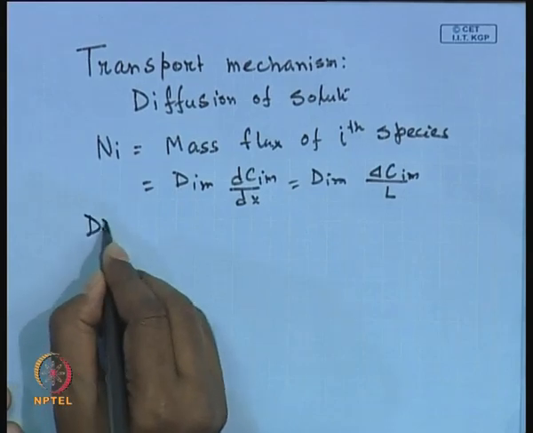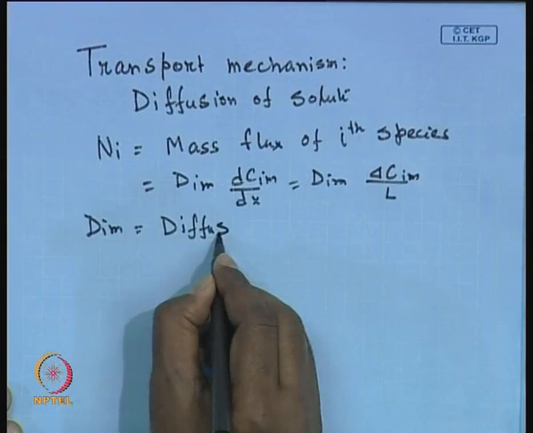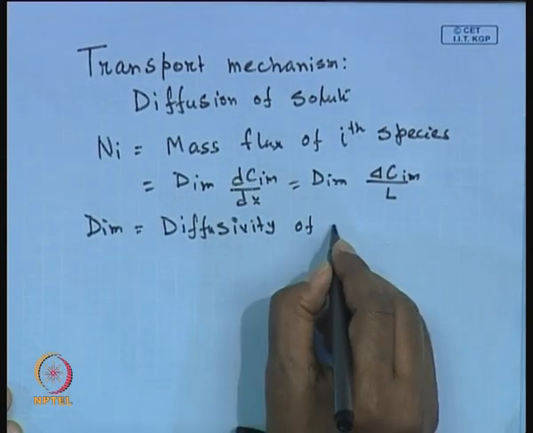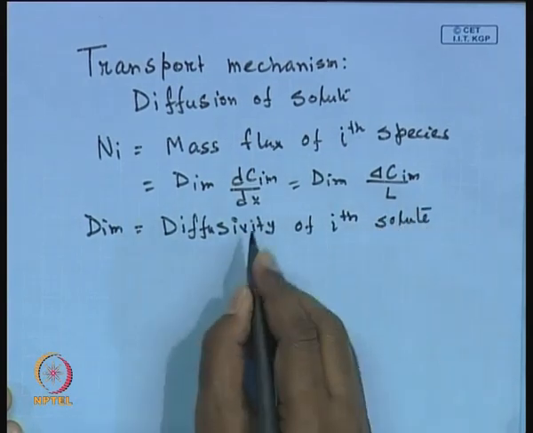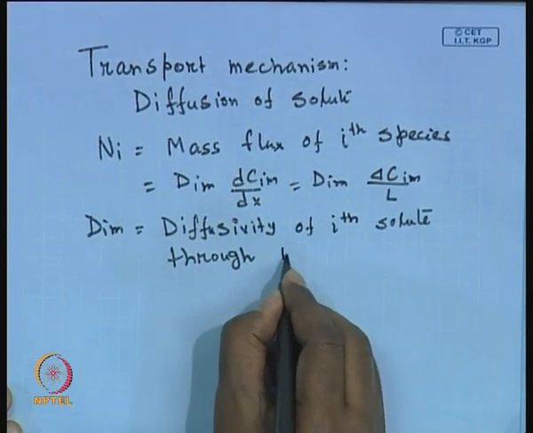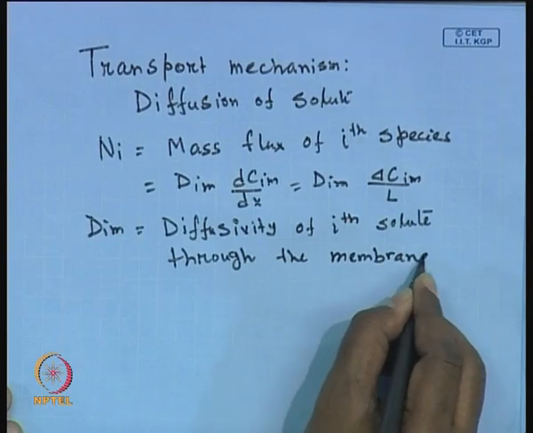What is Dim? Dim is the diffusivity of the ith solute through the membrane.